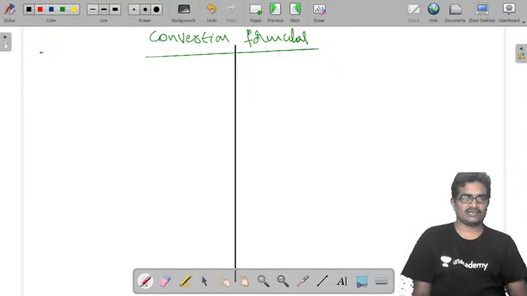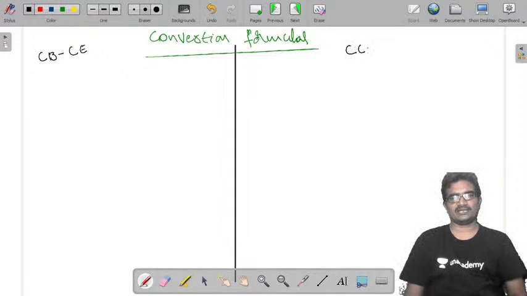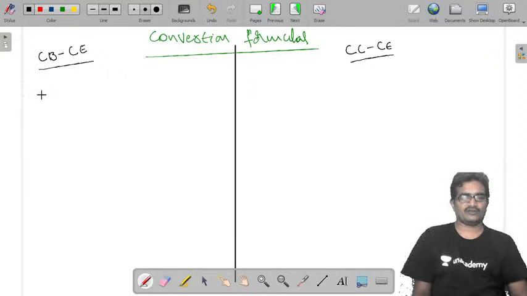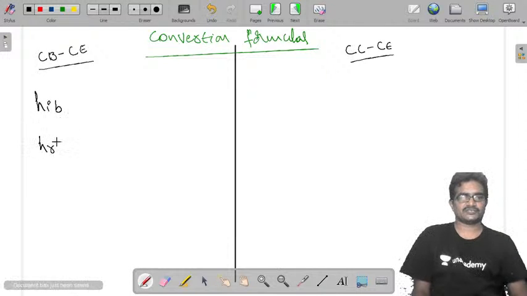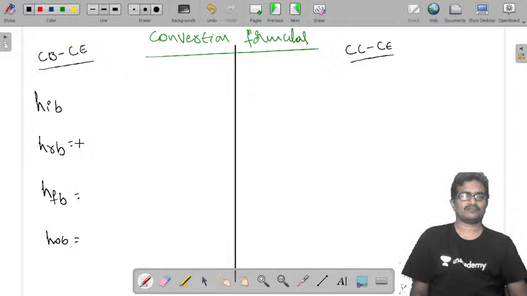Now here I am converting common base to common emitter relation, and here common collector to common emitter. For common base, first HIB, next HRB, HFB, and HOB. For HIB, HIE by 1 plus HFE.